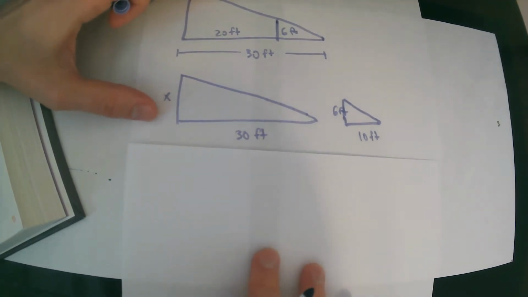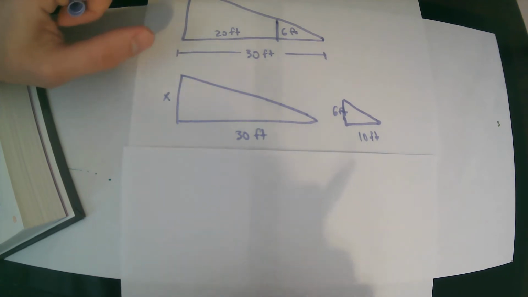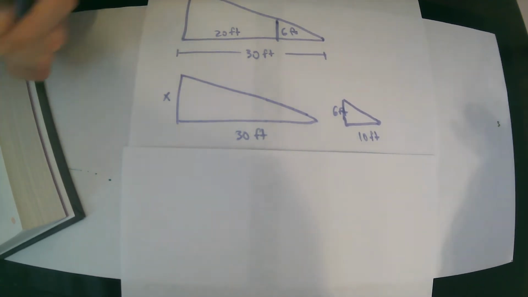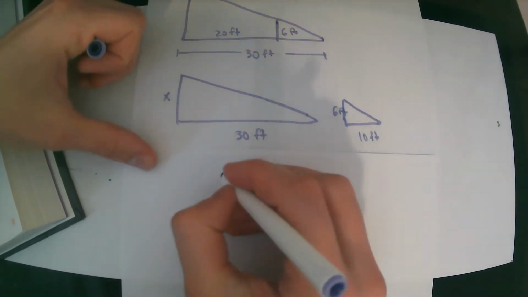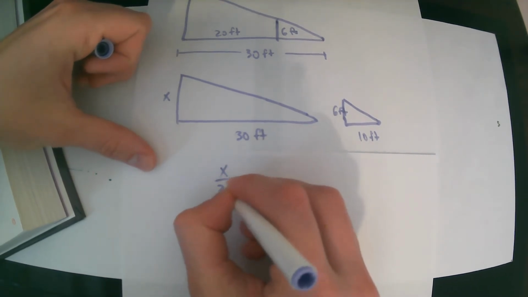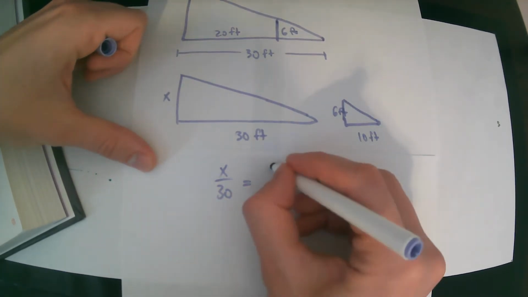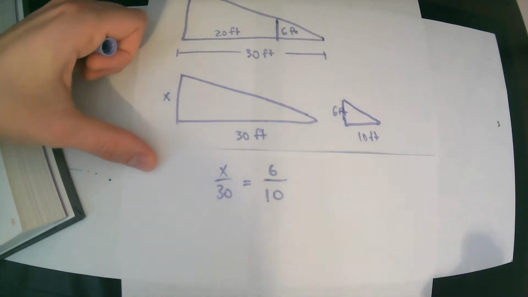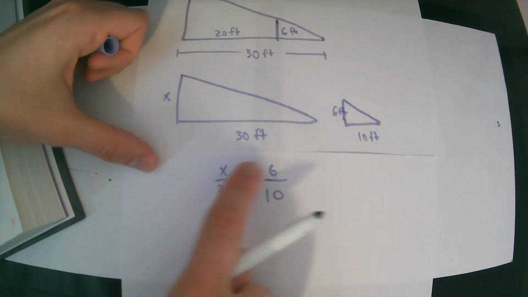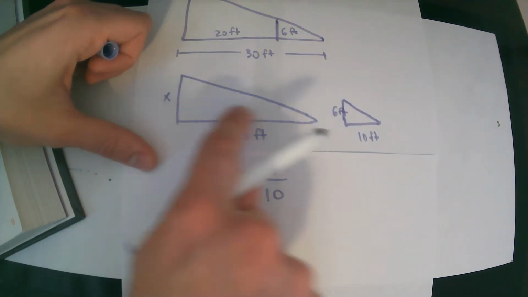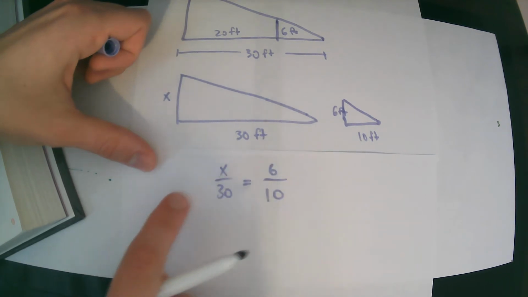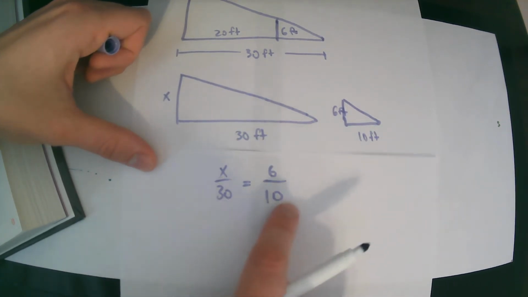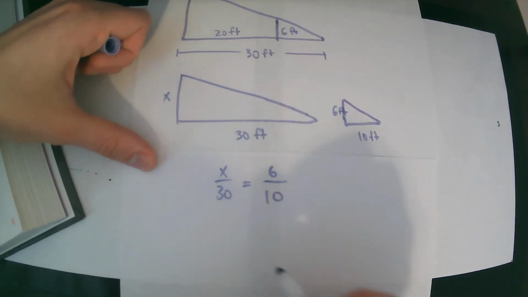So what we can do, since these triangles are similar, their sides are proportional, we can set up a proportion. X over 30 is equal to 6 over 10. Corresponding sides are matching across the proportion. X corresponds to 6, so they're matching across. 30 corresponds to 10. And remember the way we solve a proportion.